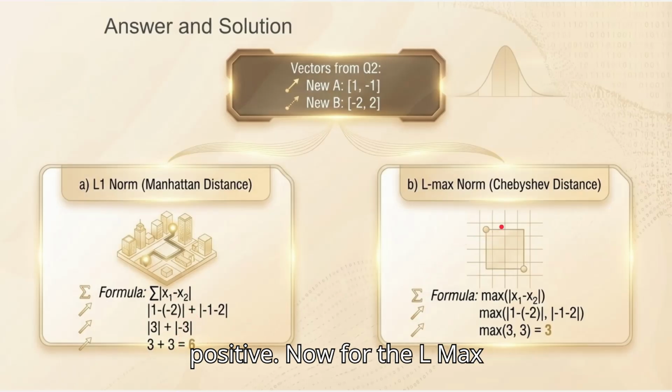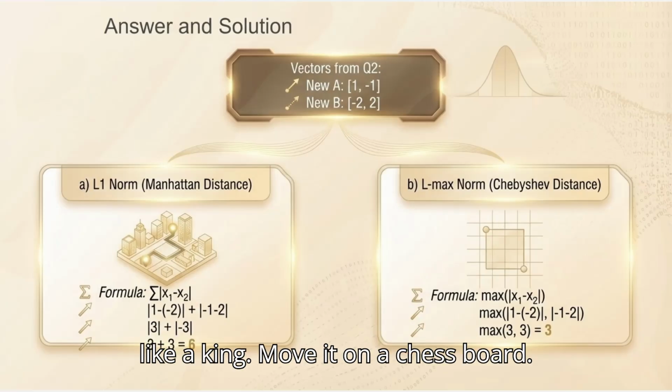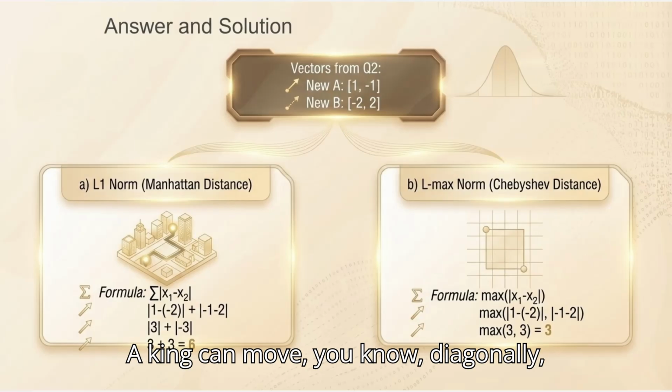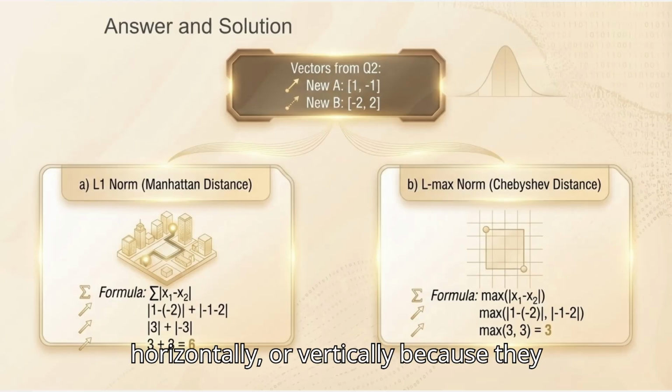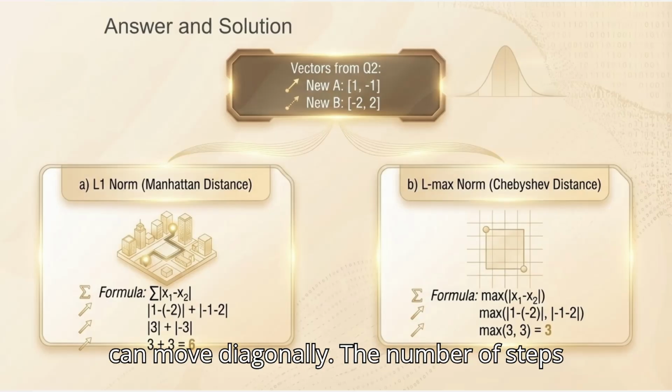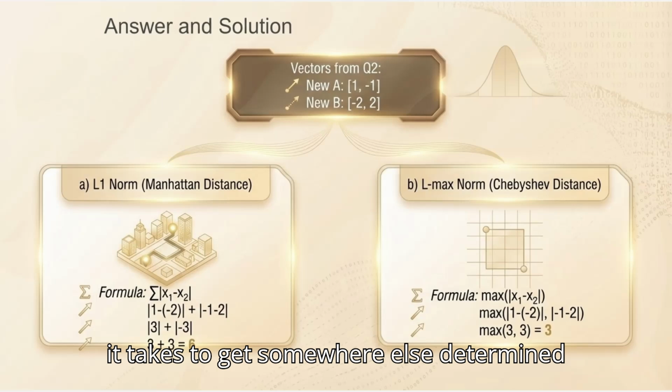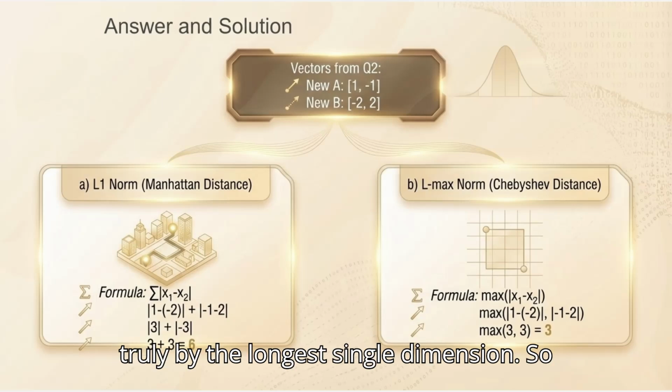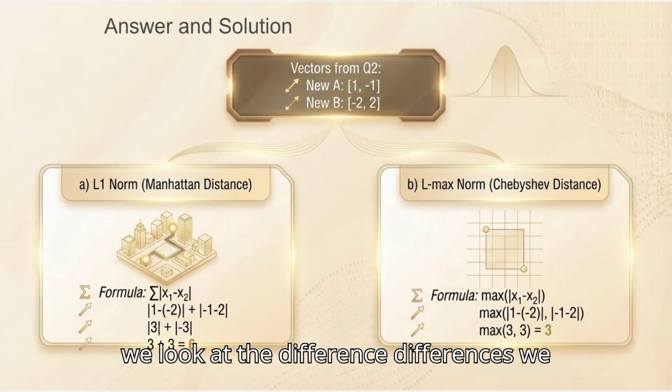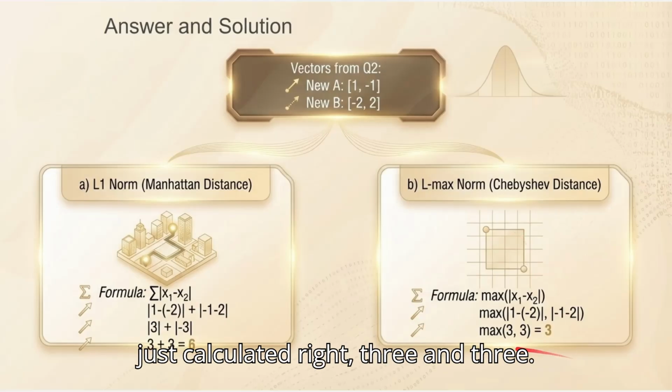Now for the L max norm, think of it like a king moving on a chessboard. A king can move diagonally, horizontally, or vertically. Because it can move diagonally, the number of steps it takes to get somewhere is determined purely by the longest single dimension. So we look at the differences we just calculated: 3 and 3.